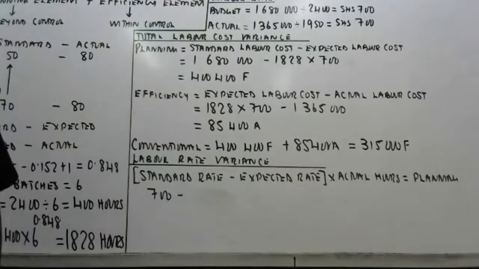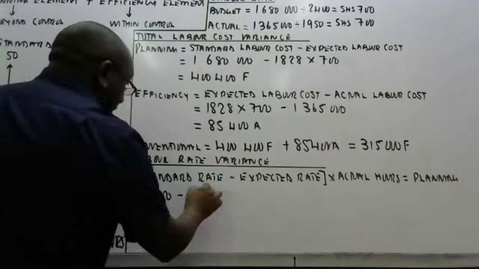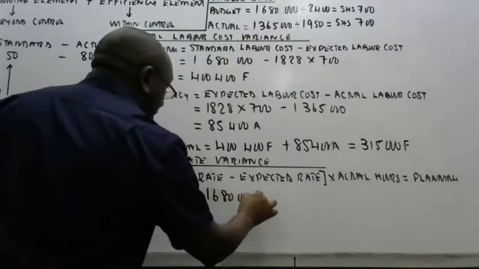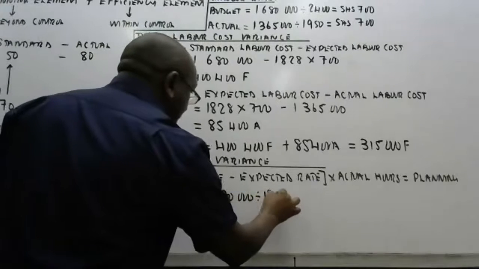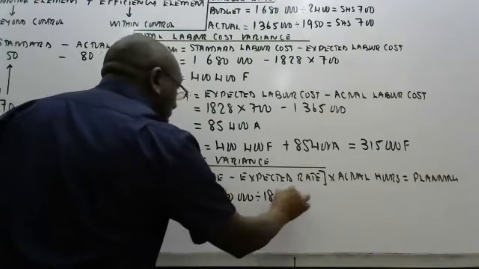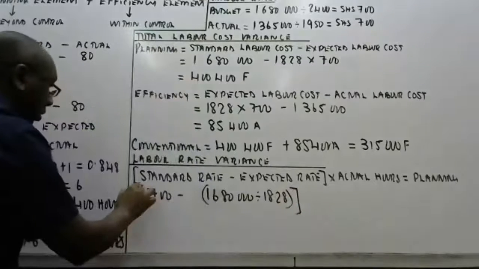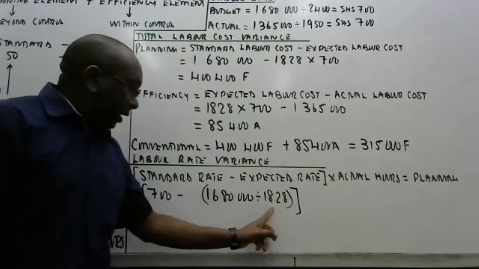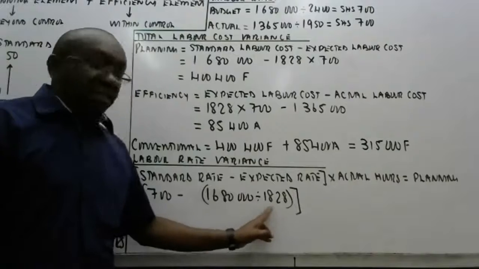That's the expected rate, which is 1680, divided by 1828. As in, if we knew this would be the hours and this would be the cost, then the difference is what we would have paid.